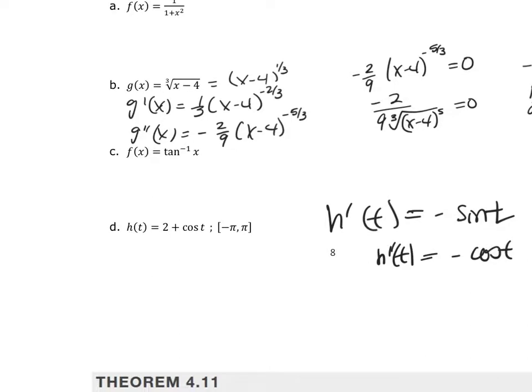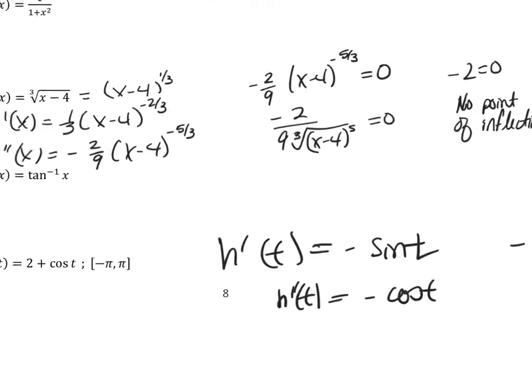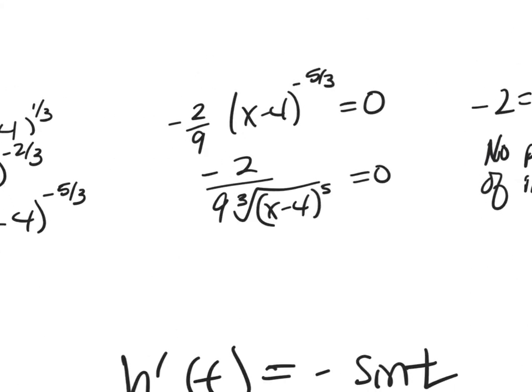Can you show why it's not 4? You go back over. Yeah. Multiply both sides by the denominator. What happens when you multiply both sides by the denominator? Still going to get 0.